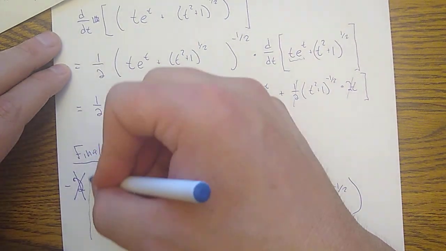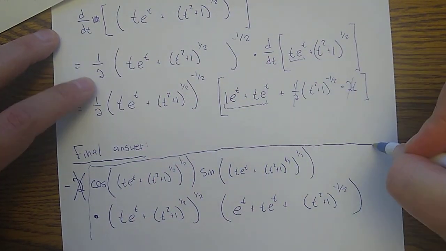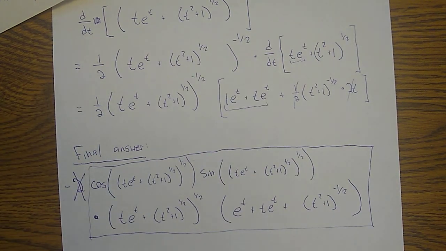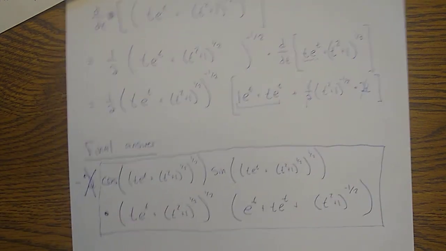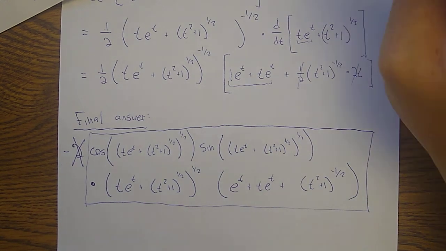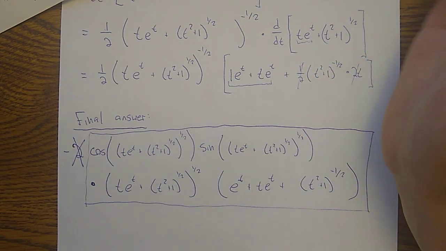Yeah, so this may seem like an absolute nightmare, but this is just an example of a very complicated derivative that involves repeatedly using the chain rule and the product rule.